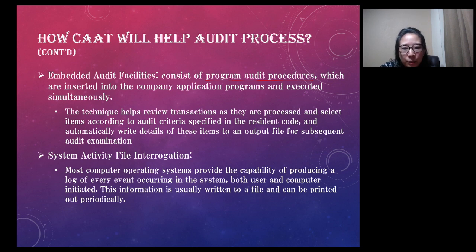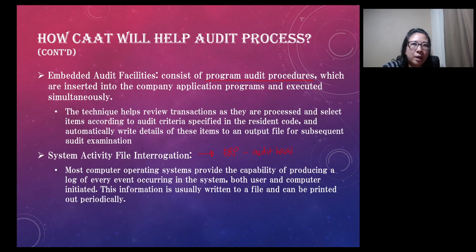And then we will also have what we call the system activity file integration. This is related to the fact that in some software, like ERP software, we usually have the audit trail. Or maybe other software also usually already has an activity file.